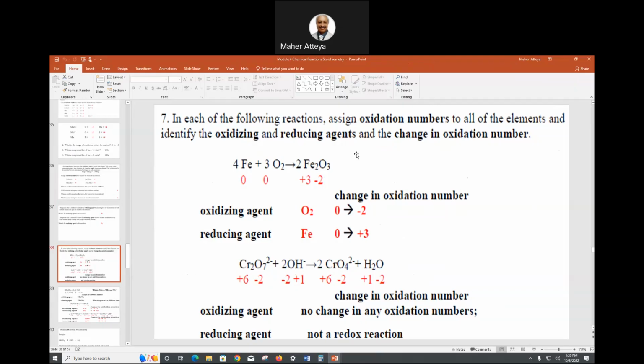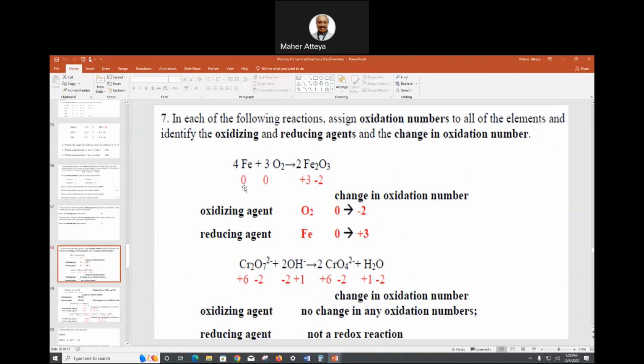Second, based on the reactants, which one is the oxidizing agent, forcing the process of oxidation, and which one is the reducing agent? Agent means chemicals. When I say agent, it's a chemical, correct?